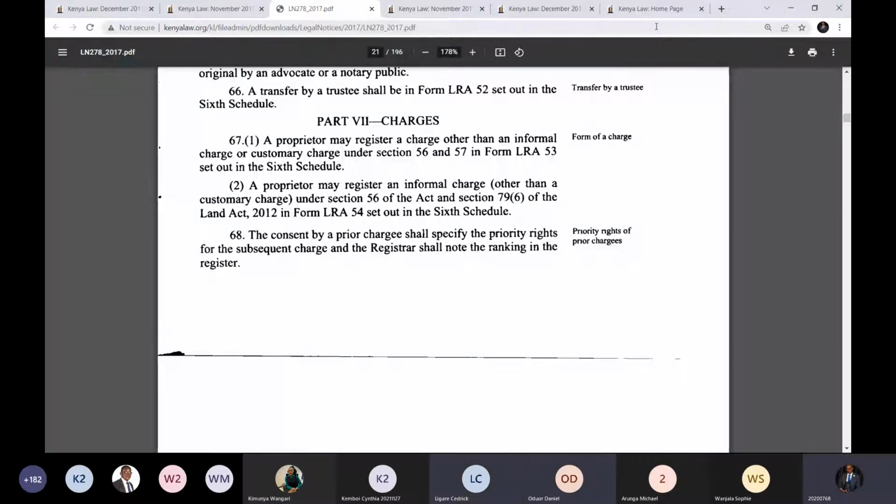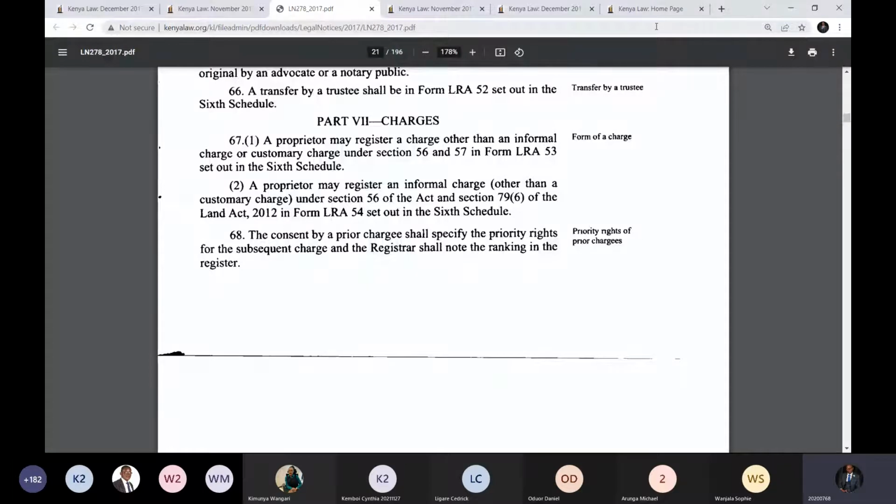The purchaser's advocate pays it, but he procures it from the vendor. I mean, the purchaser's advocate is the one who pays it, sorry. Yes, it's the purchaser's advocates.